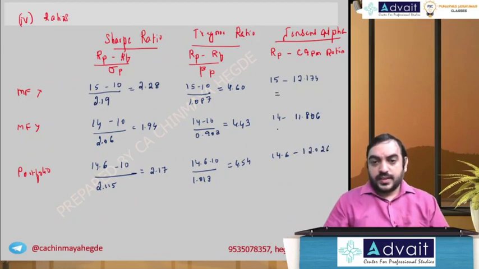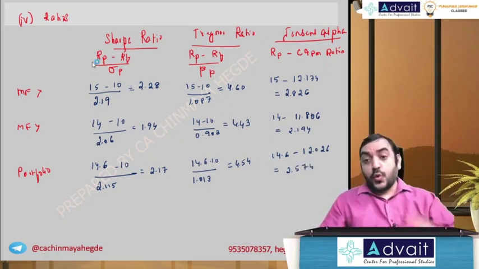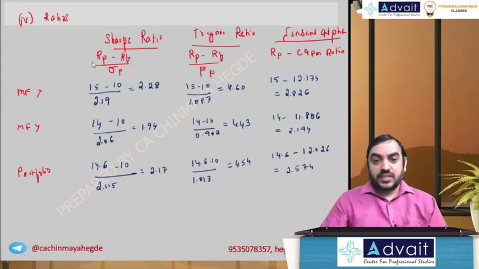So we get 2.826, 2.194, and 2.74. This basically represents the extra return over and above what it is supposed to give for its risk, given by the mutual funds, given by the securities.